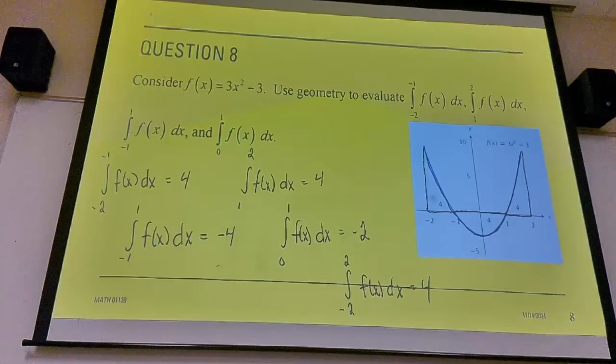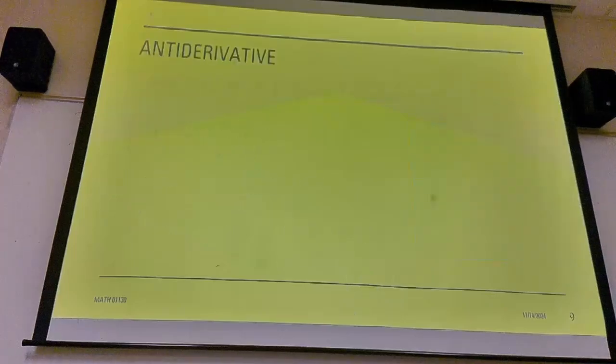But before we can apply the fundamental theorem of calculus, we need another term. So the derivative, remember, it had a function that we could evaluate, called the derivative function. Is there an equivalent function for integrals? The answer is yes.